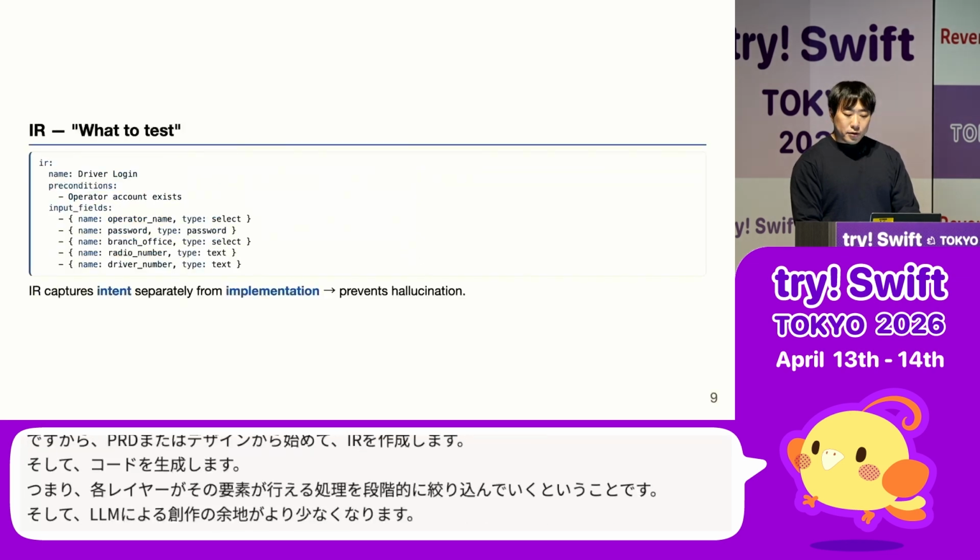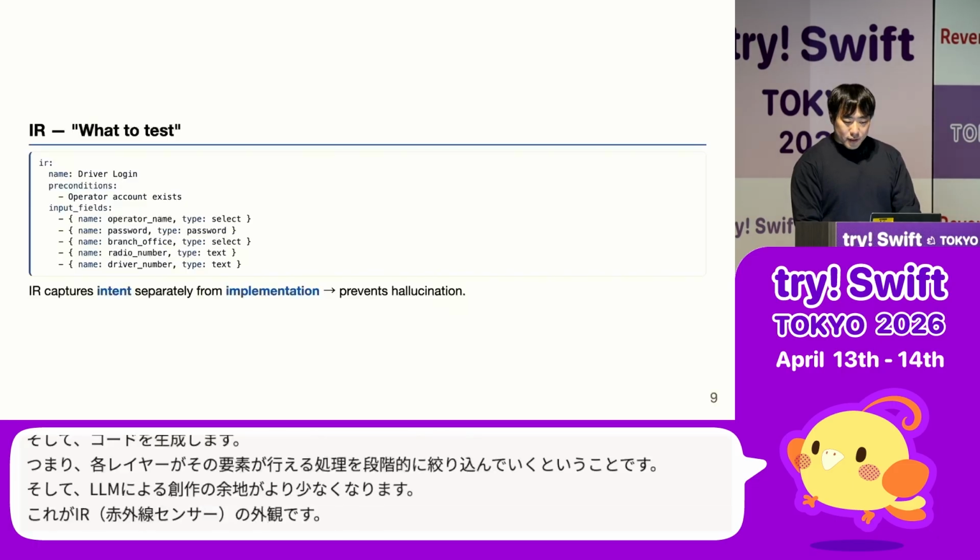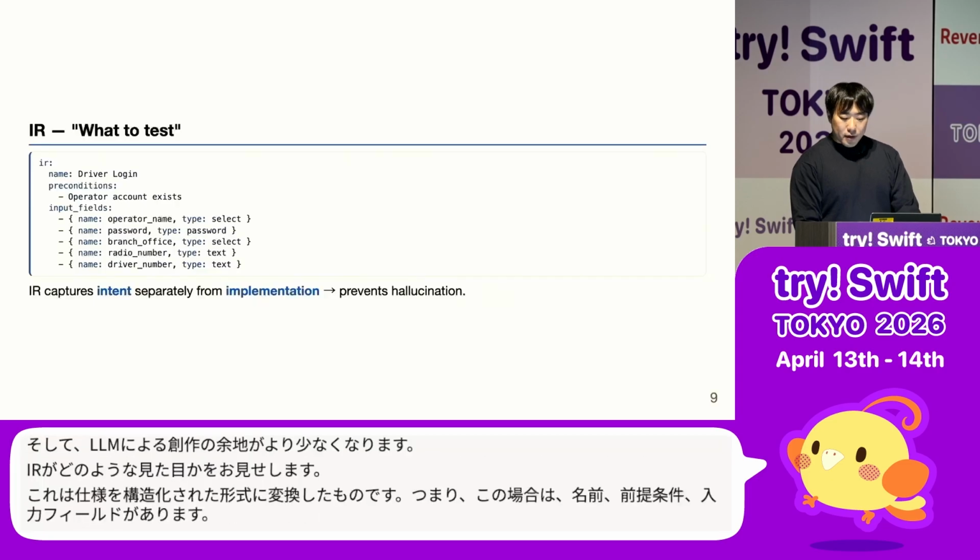Here's what an IR looks like. It's the spec turned into a structured format. In this case, we have name, preconditions, and input fields. Instead of letting the LLM read a spec and interpret it freely, we pull out the key information: what is the feature, what conditions need to be true, and what input fields exist and what types they are.